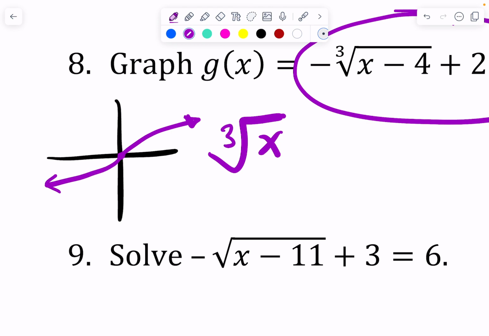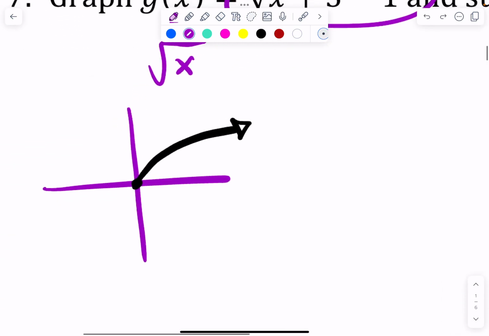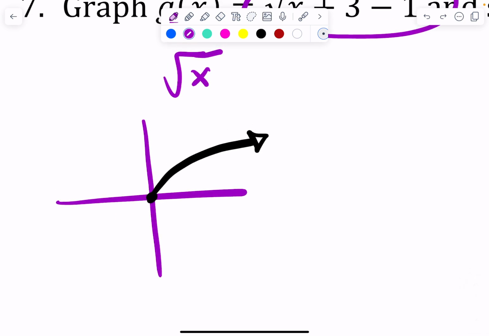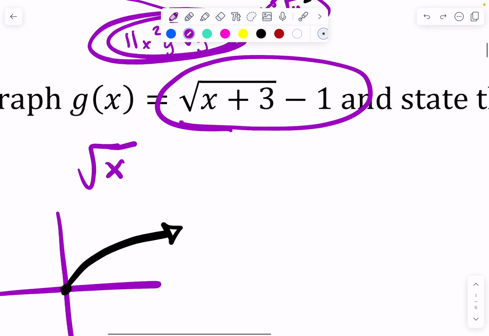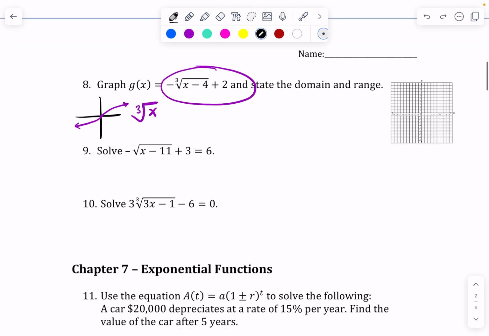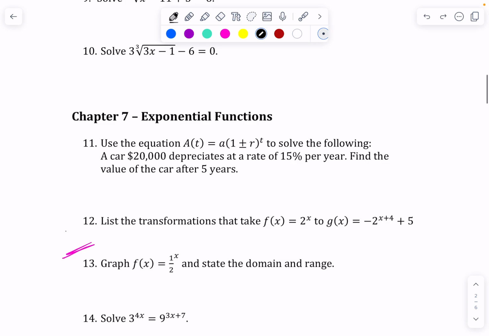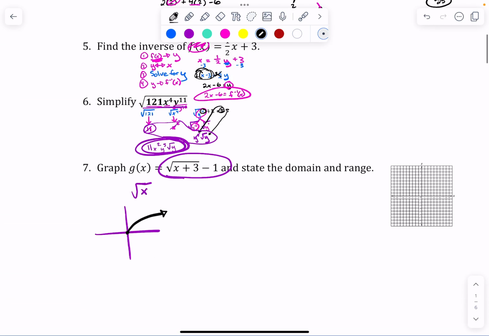Because you can have negative numbers inside of your cubic root, but you can't have a negative inside of a square root, okay? So that's why it just starts at 0, 0 and goes to the right, okay? All right, now we've got to figure out, here in a little bit, let's see, right here, on number 12, we're going to write all of the rules for this, okay?